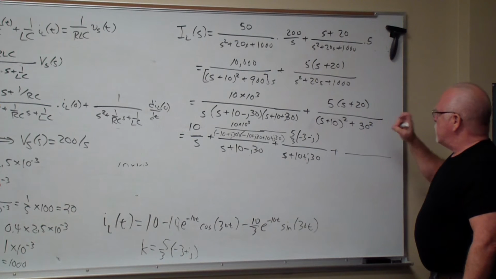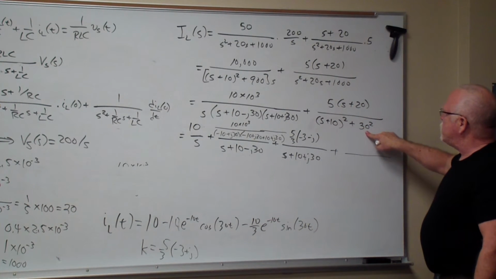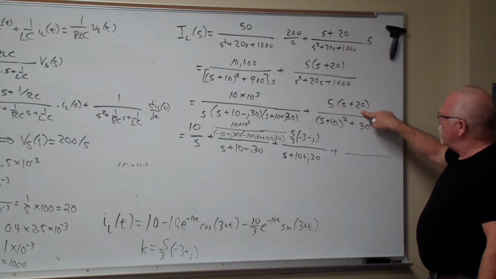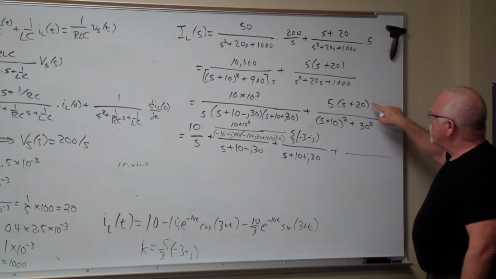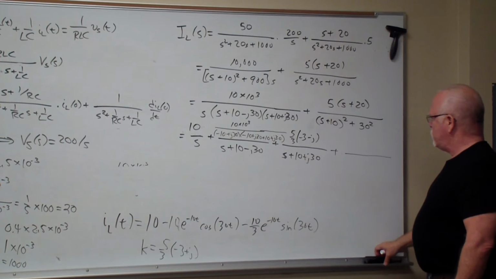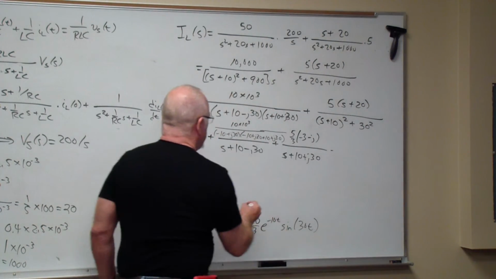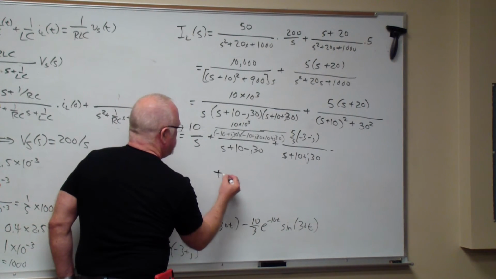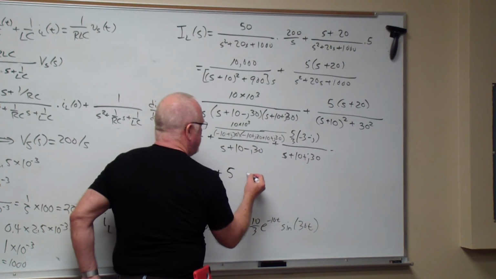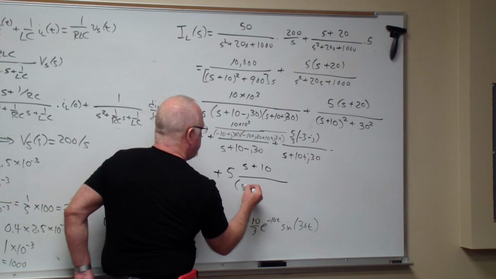We know that if this were e to the minus 10t cosine 30t, we would have s plus 10 here. We know if it were sine here, we would have 30 over this stuff down here. So what we want to do here is shove symbols around until we get that. So we take the 5, which is going to be an amplitude, and we write the s plus 20 part as s plus 10, and have s plus 10 squared.